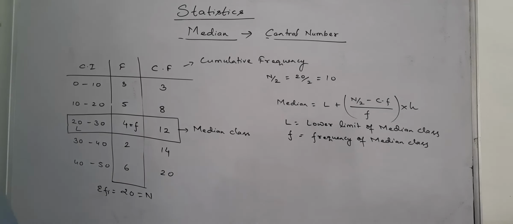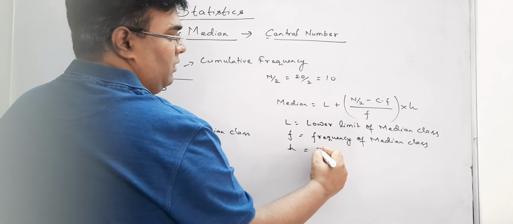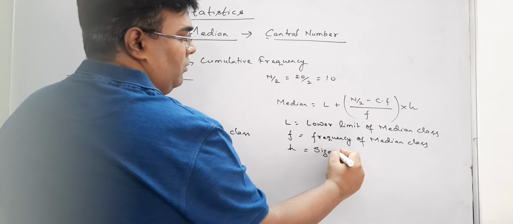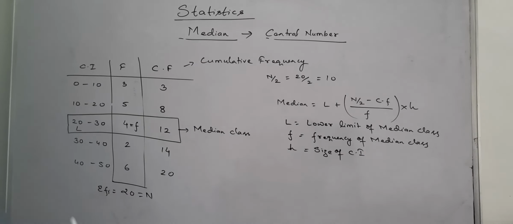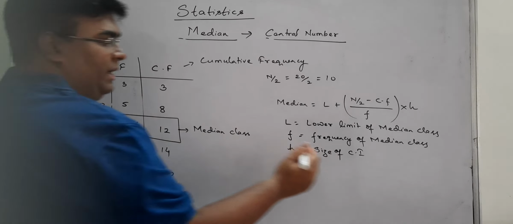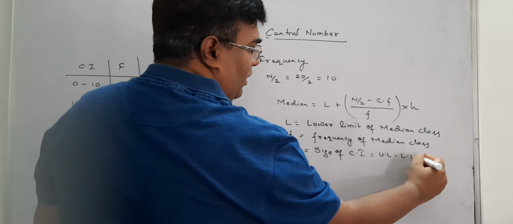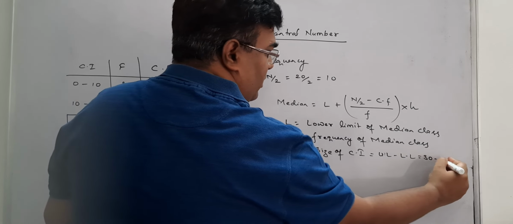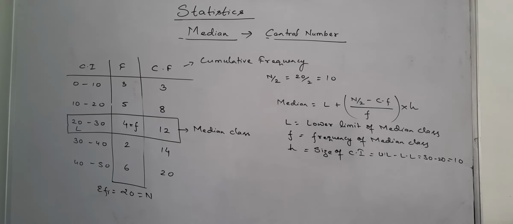Right? Then what is my H? The size of the class interval. What is the size of the class interval? Upper limit minus lower limit, which is 30 minus 20, which is 10. Okay.